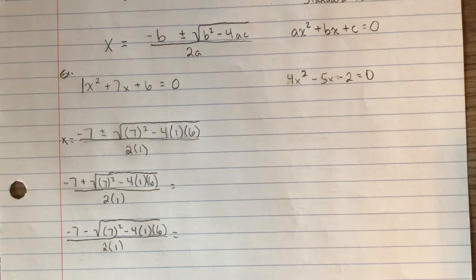All right, so I'm going to go ahead and type in my problem. I'm going to start out with a fraction, then I'm going to go ahead and type in my problem.